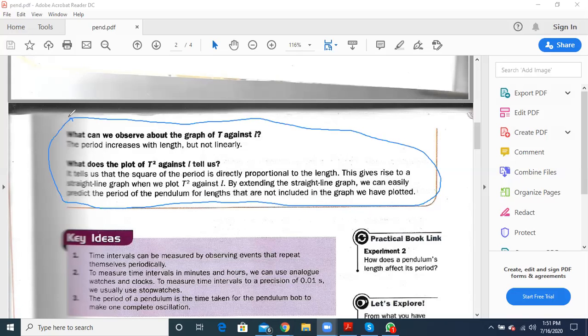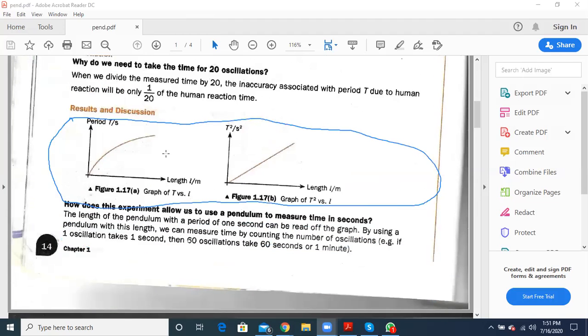That's part one. Always remember when we say linear, this is the graph it is talking about. Is this a linear graph? No, it's non-linear because it is not a straight line. A linear graph is always a straight line. Got it?